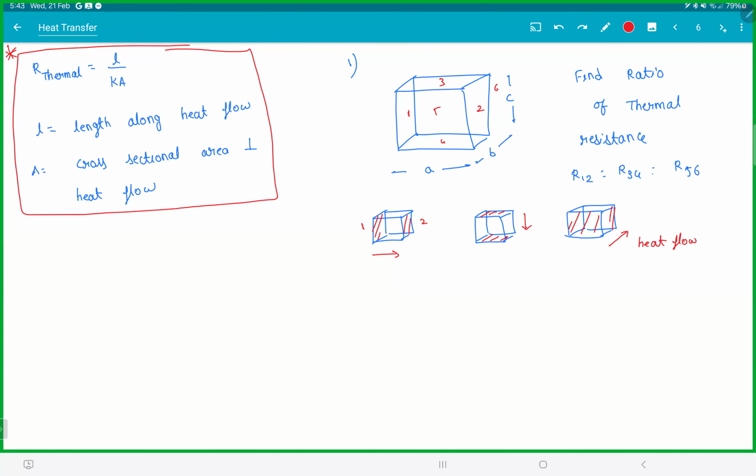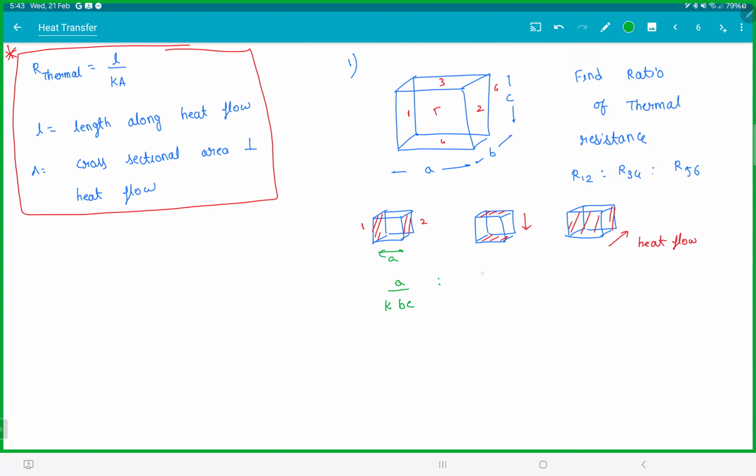Answers, people. This one is easy, right? See now, when you go from 1 to 2, what is the length? Heat is flowing from here to here, na? So length is, A is the area perpendicular to the heat flow. So this is A by K into BC. Make sense? Now 3 to 4, what is this then?